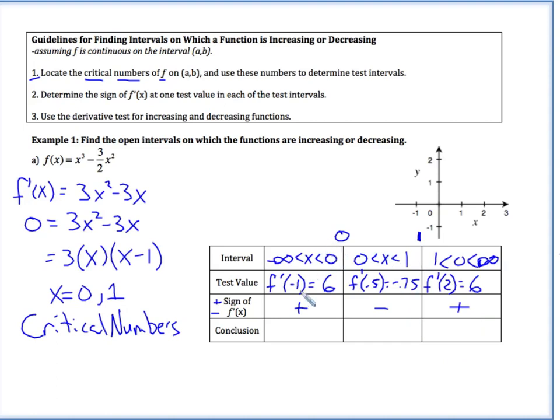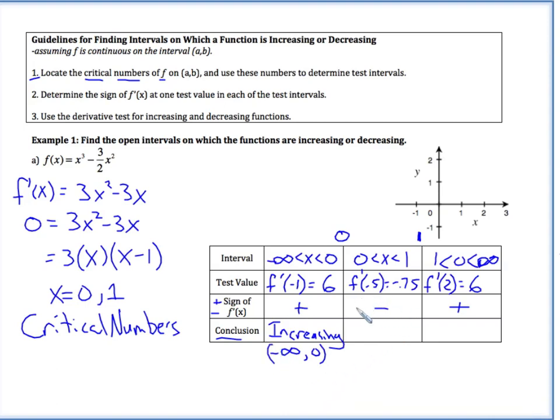Okay, so what that means is, let's do our conclusion. On this interval right here, our derivative is positive. Therefore, we say this is increasing on this interval. Okay, and the interval is -infinity to 0, and that is an open interval.